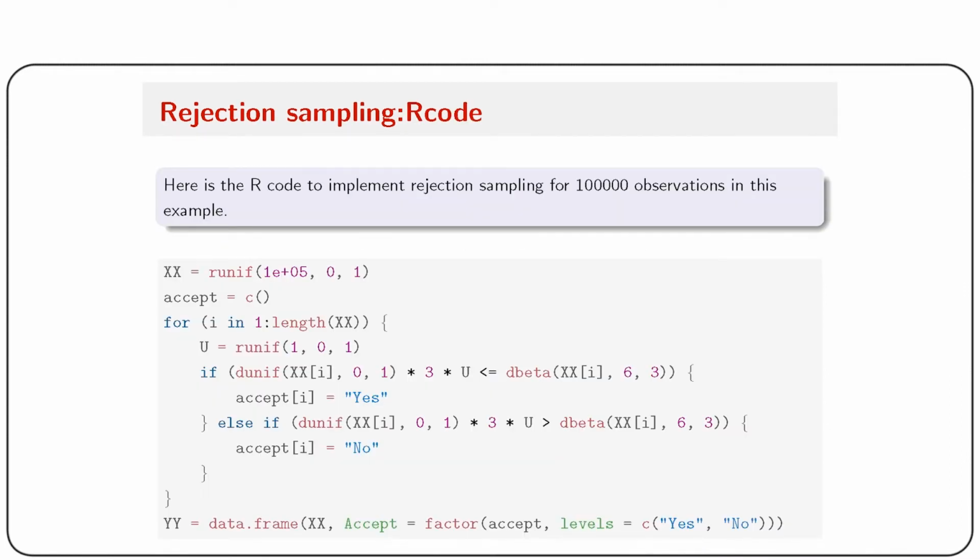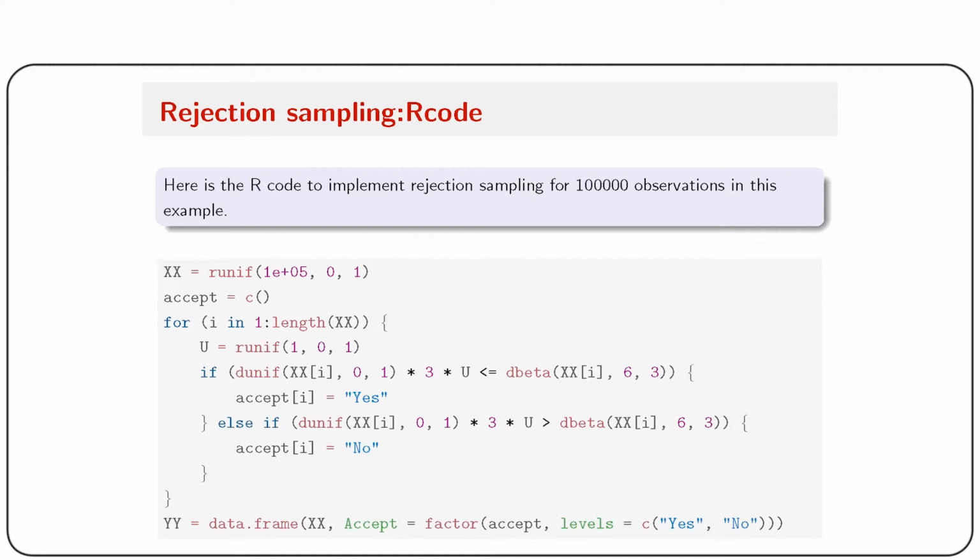So here is the R code to implement rejection sampling of 1 lakh observations in this example. First we generate xx as 1 lakh uniform variates from 0 to 1, and define accept equals c() as an empty vector, and then we use a for loop, i from 1 to the length of xx, that is 1 lakh.